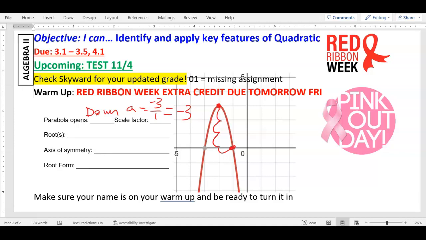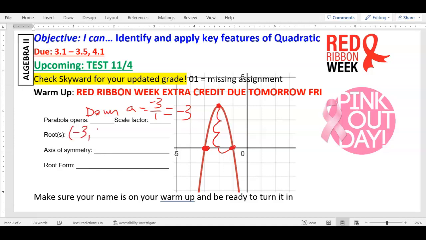So roots. What are these roots? The one on the left. What is the x and the y value of this point? It goes left, so it's negative 3, comma 0.